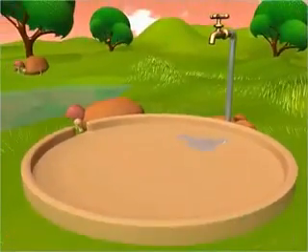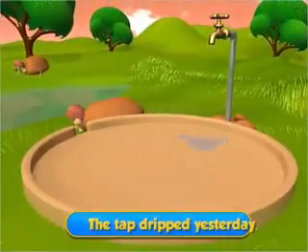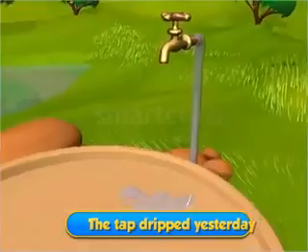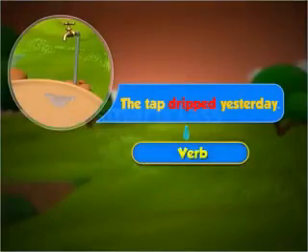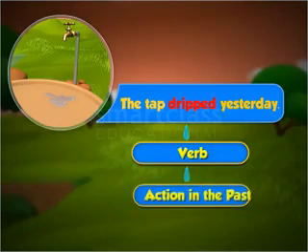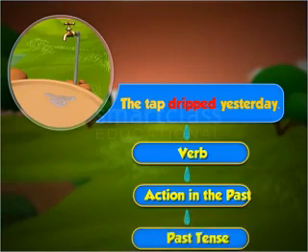In the sentence, "The tap dripped yesterday," the verb is dripped. The verb dripped refers to an action that occurred yesterday, that is, in the past. So, it is said to be in the past tense.